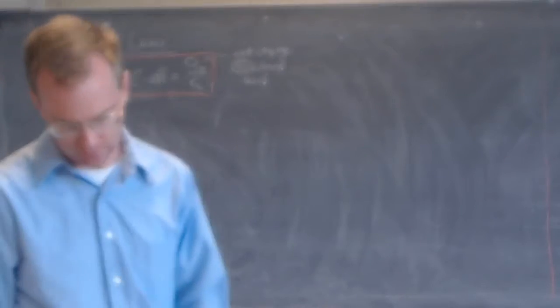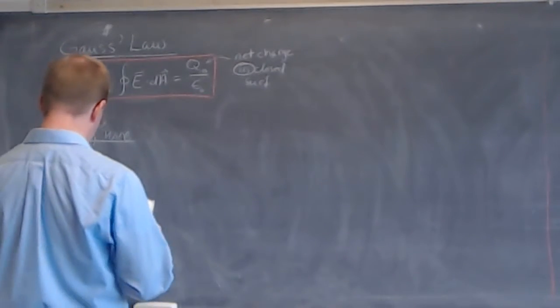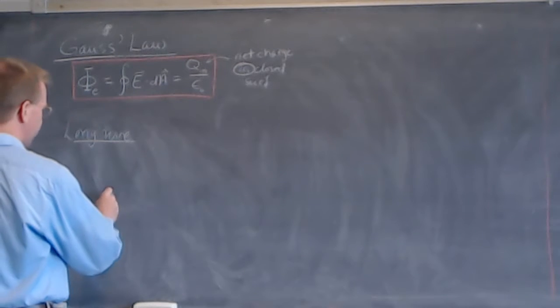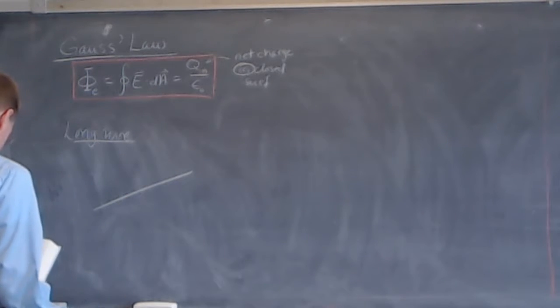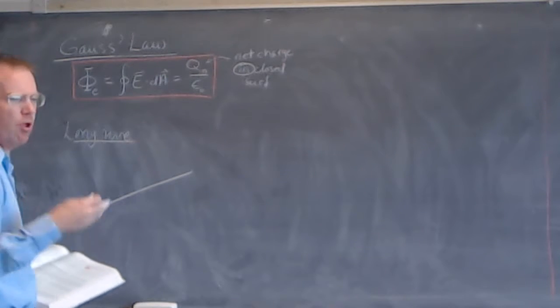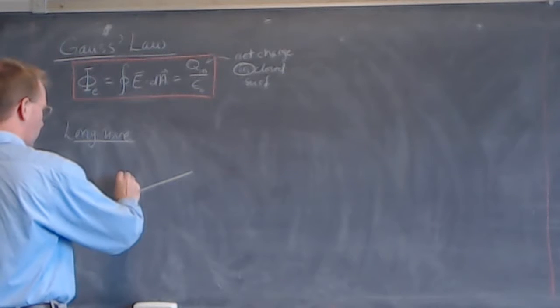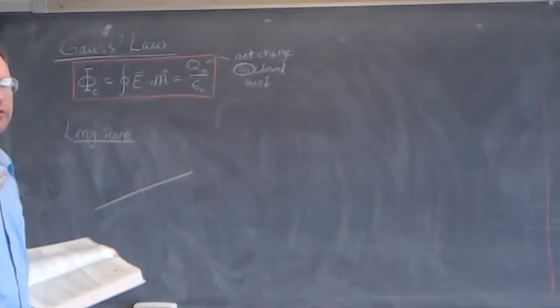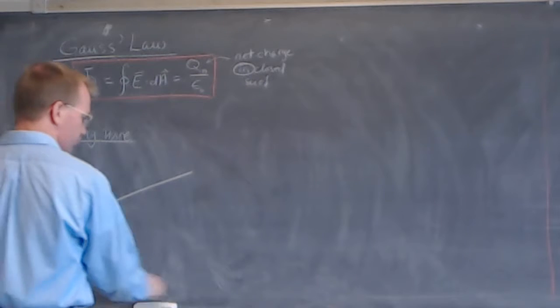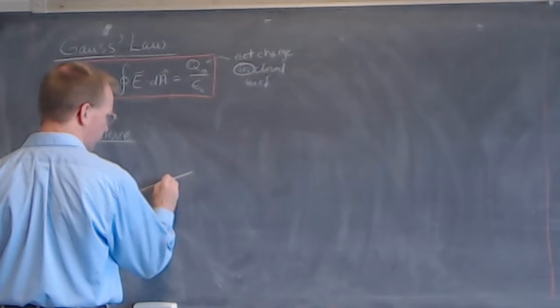The book goes over these, but I'll explain them myself. If I have a long wire, then let's remember, long, maybe infinitely long, but what Gaussian surface should I use? I'm putting, by the way, positive charges along this wire.